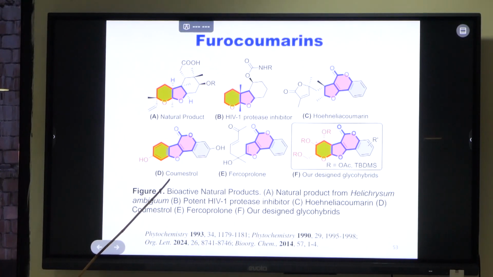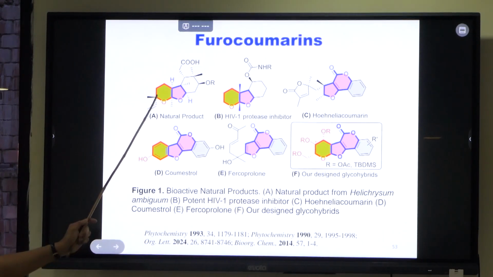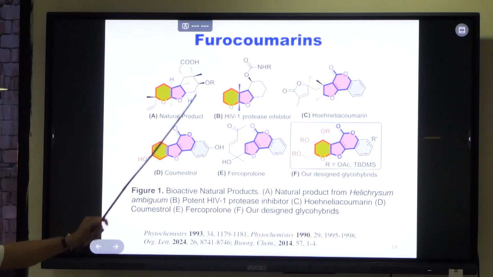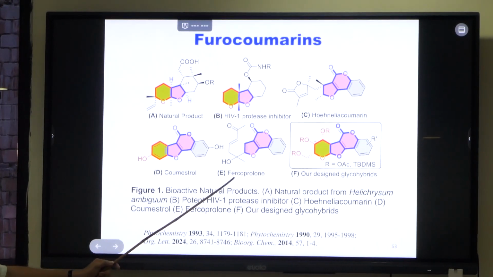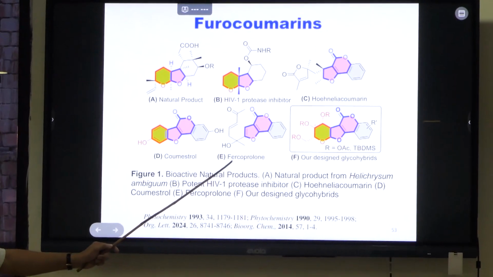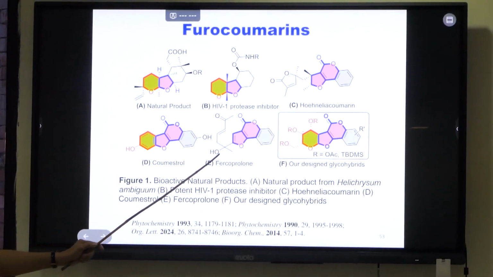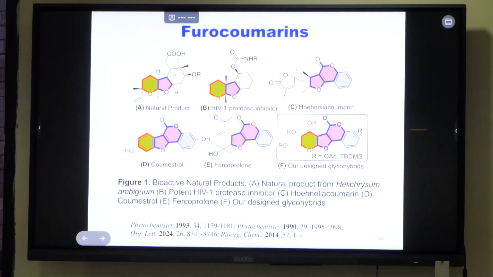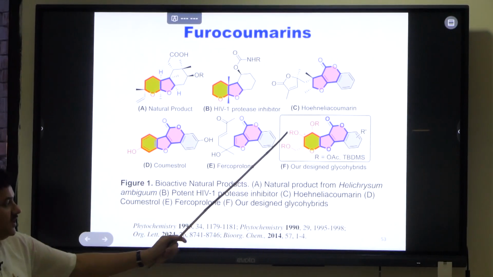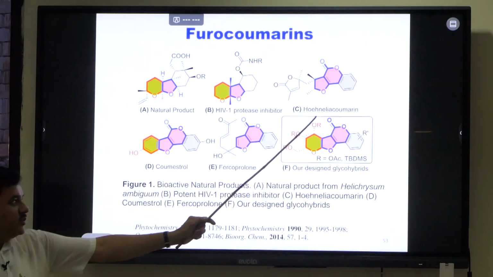And these are natural products, like cholesterol is a natural product. This is also a natural product. This is an HIV protease inhibitor, and this is a furocoumarin molecule. These are also natural products, and so in my title I have given natural product inspired, or natural glyco-hybrids based on natural product scaffolds.